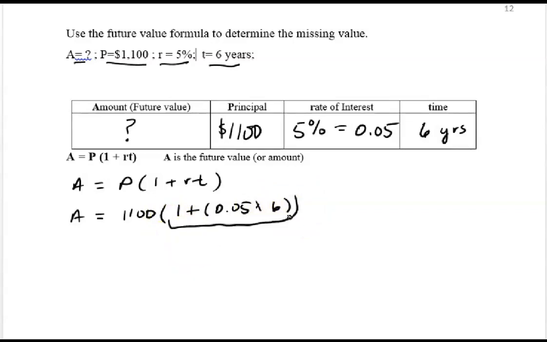And let's calculate everything inside the parentheses first. Right? So we have the 0.05 times 6, and then we add 1 to that, and that's 1 plus 1.3. Multiply that times 1,100, and we have our future value at 1,100 times 1.3, which equals $1,430.